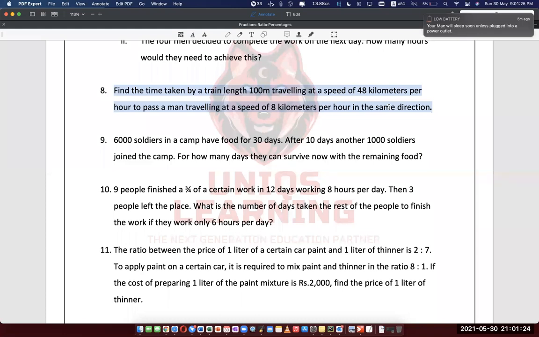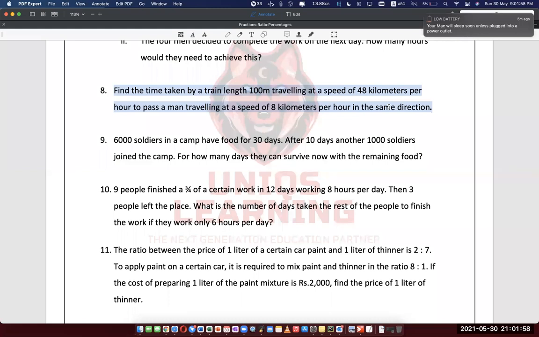Okay, so let's draw a table. Train: distance, time.